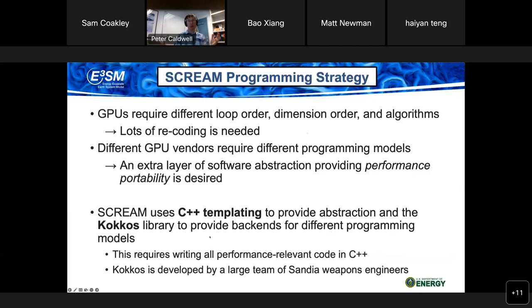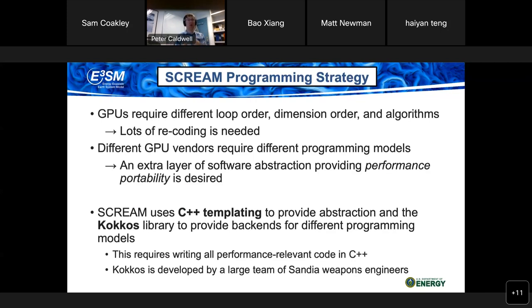So to talk even more about computer science for a moment, zooming in on what makes this Scream model unique, it's really how we handled the ability to run on these new exascale machines that have GPUs. The critical thing to understand is that because GPUs have all of this on-node parallelism, you want to handle things differently.